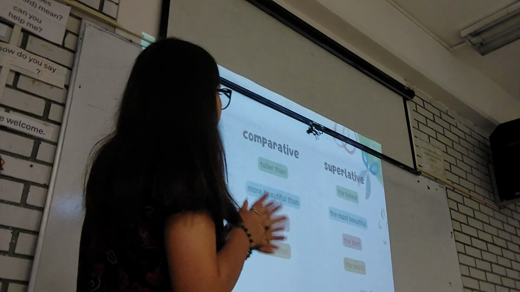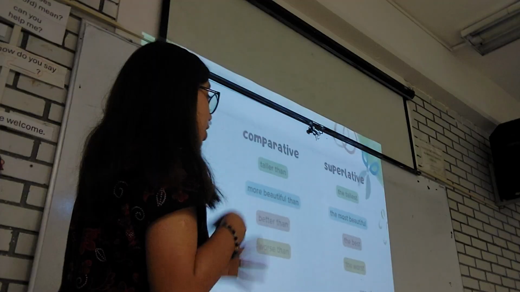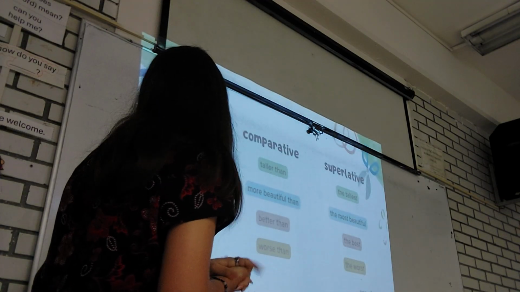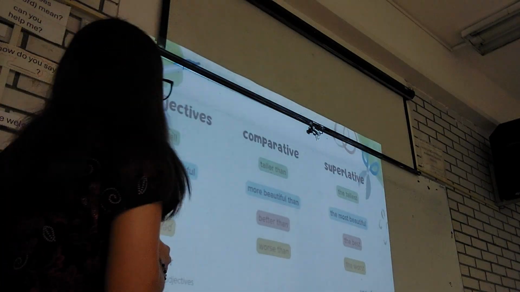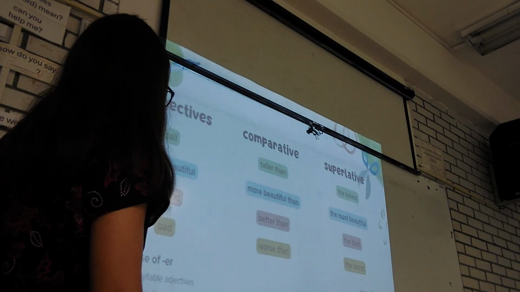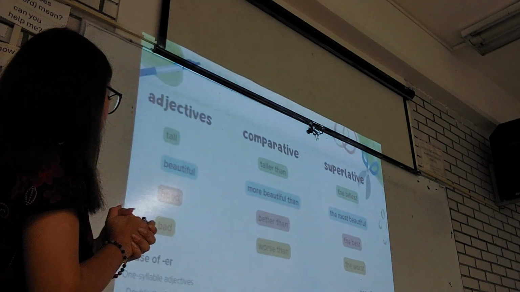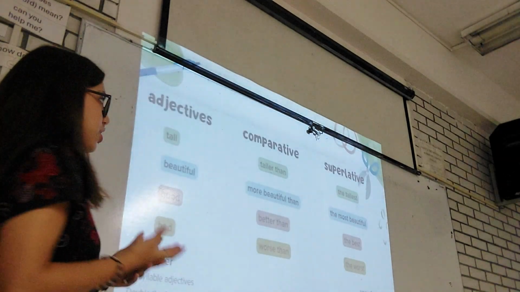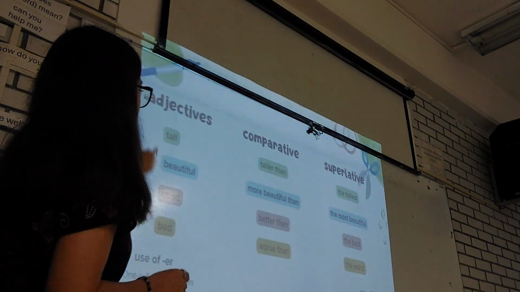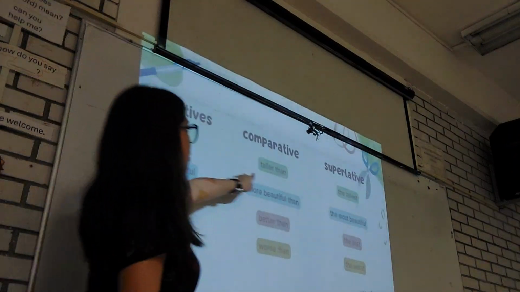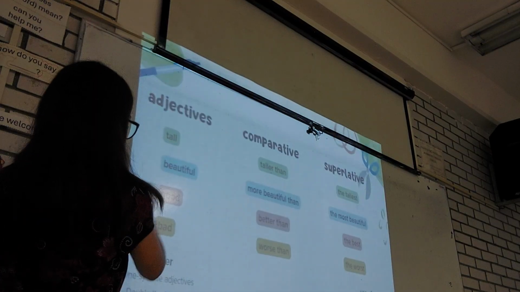Okay, so with these examples, you can see that sometimes the form changes a little. So I put here a little explanation of why. First of all, the use of er, that it's comparative, is for one-syllable adjectives. And as you can see, tall, just put taller, it is just one single syllable.